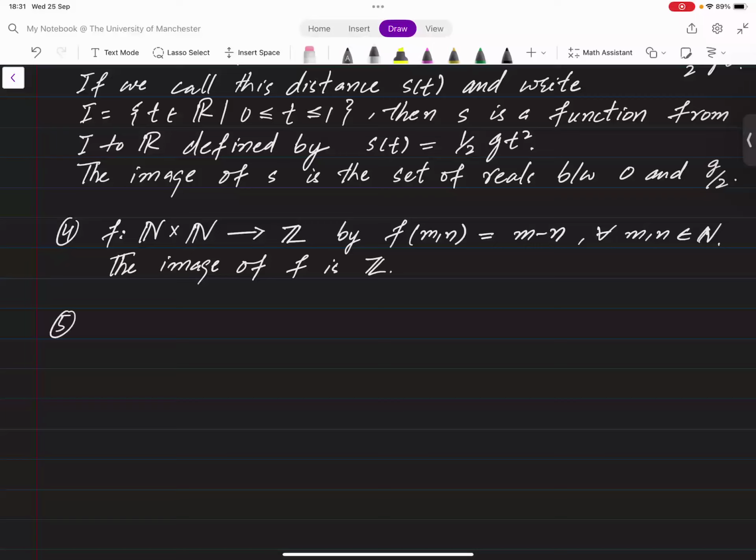We can define the 5th one. We say that we have a set S which has a, b, c as elements. Then we can define a function from S to S, and we can define another function from S to S as follows.